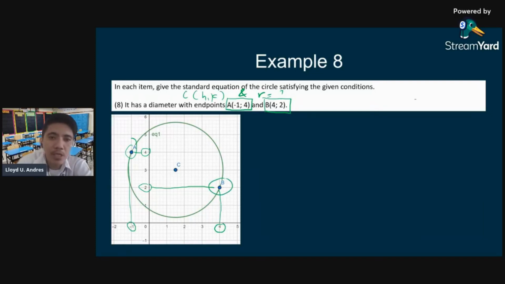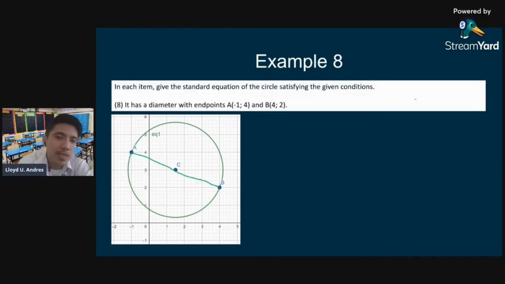So after plotting the endpoints of the diameter, if we connect point A and B, it will serve as the diameter of the circle. And the point in between A and B is actually the center of the circle.